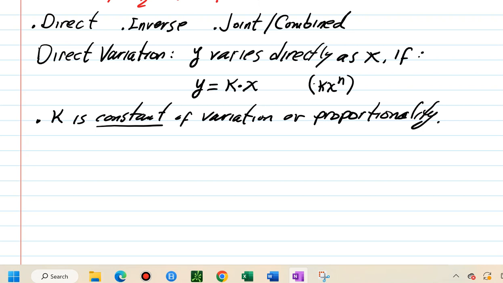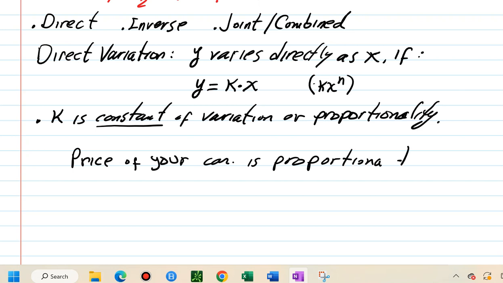So for example, to show you the role k plays, I could say that the price of your car is proportional to, let's say, the age of your car.